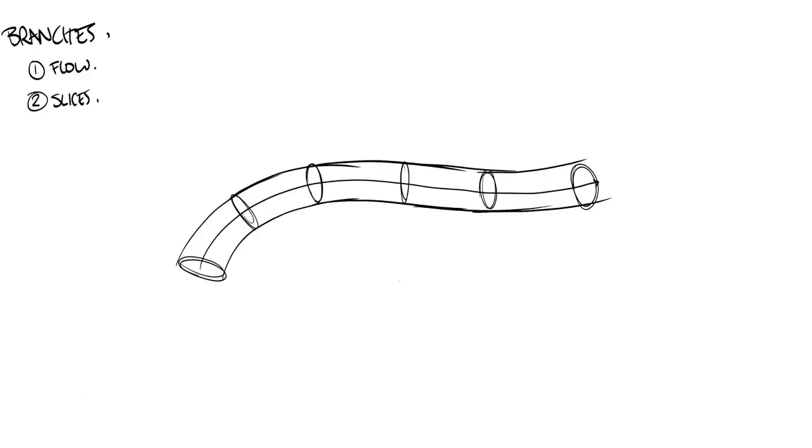So let's try that again. Put down our flow. Draw some ellipses, keeping in mind how this object, or how this pipe, is going to be flowing through space.